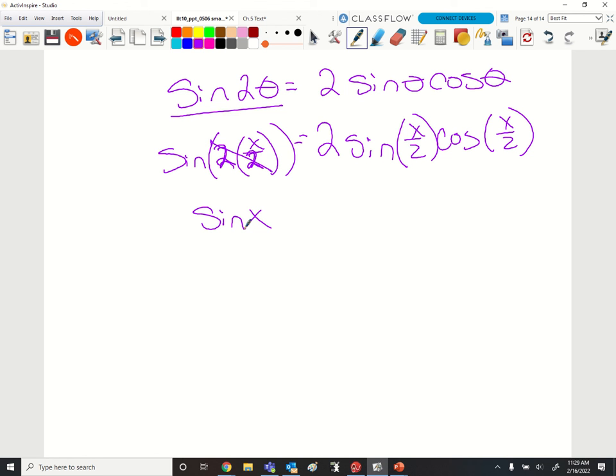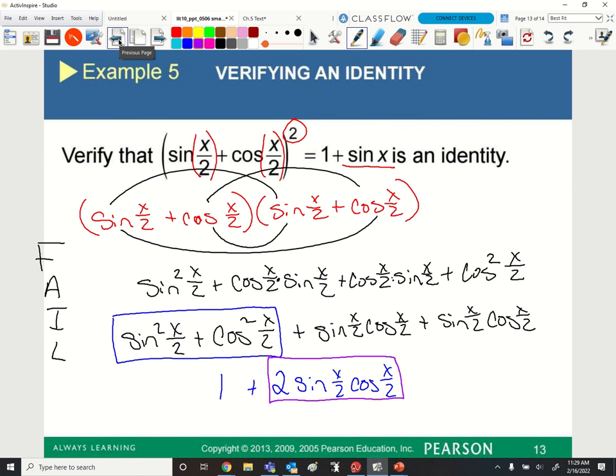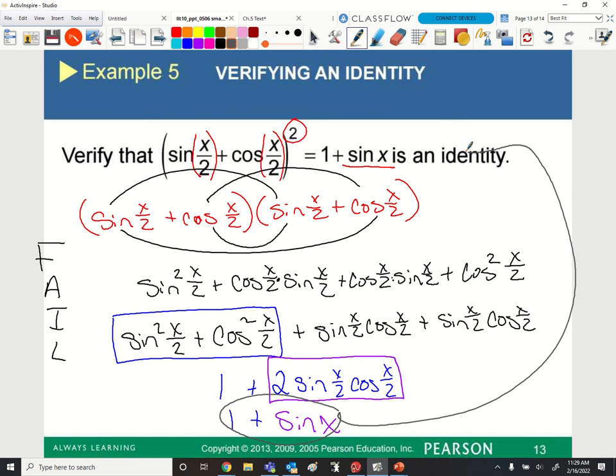So let's plug that in back over here. So this thing turns into sine of x, and then I had my, and all this together matches this right here, right? So it was a bit of work.